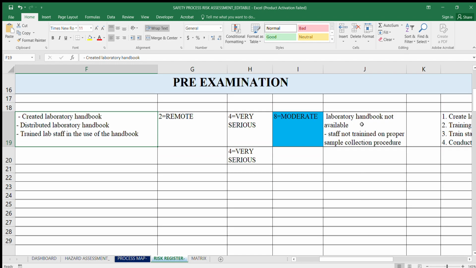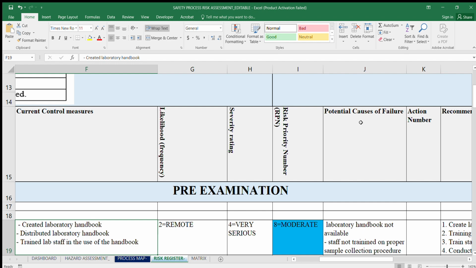So what you need to put under the potential causes of failure is the root cause. What do you think can actually lead to you getting exposed?